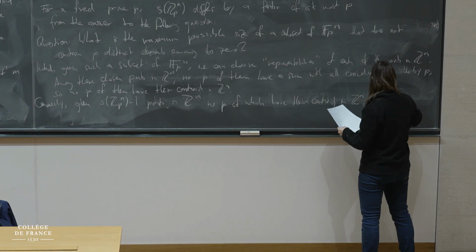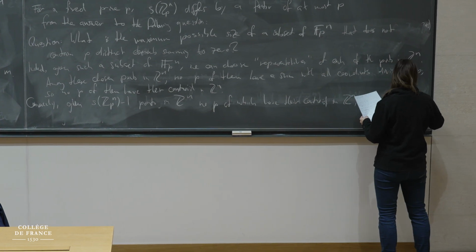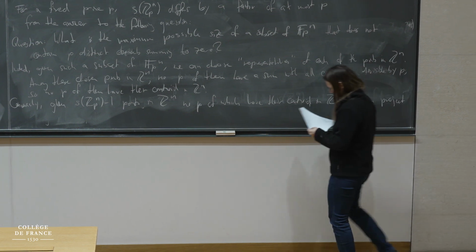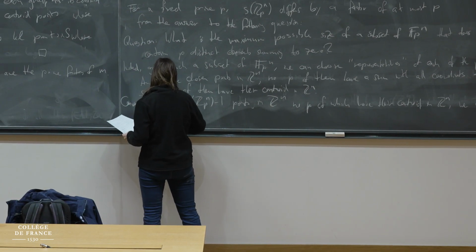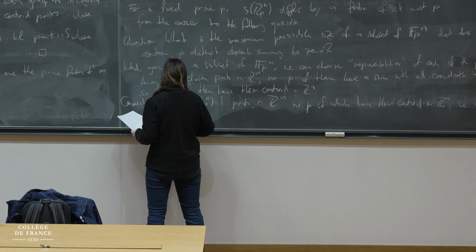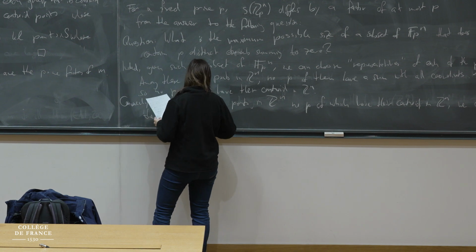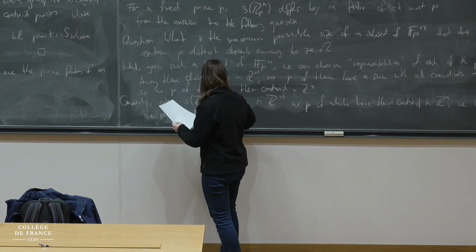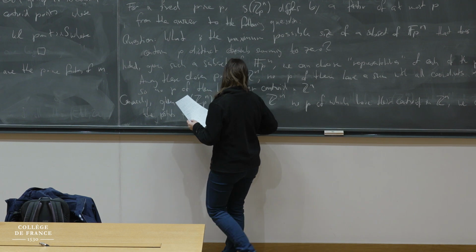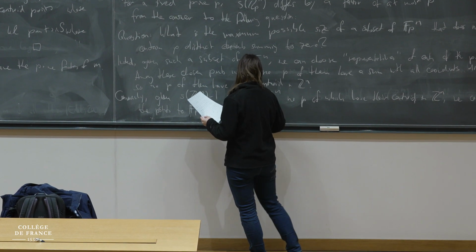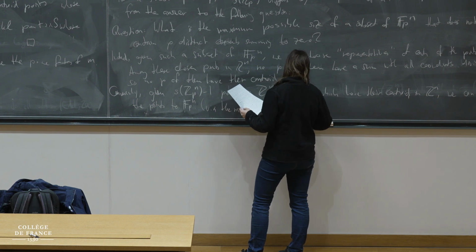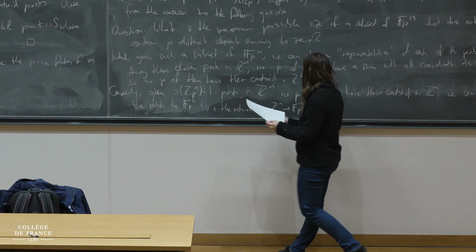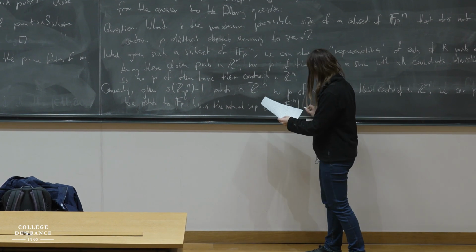So we can project the points to F_p^n via the natural map from Z^n to F_p^n, just taking every coordinate modulo p.